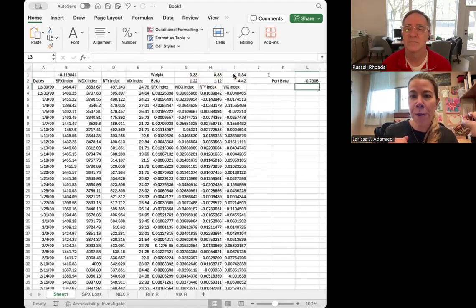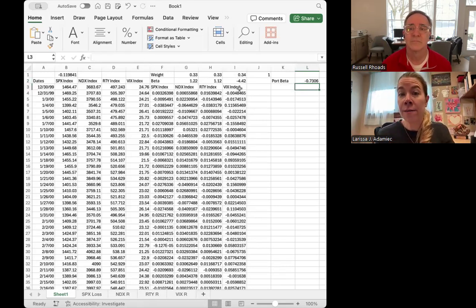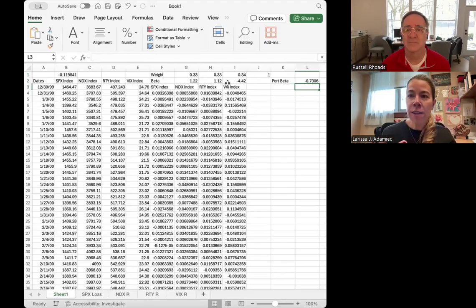So our portfolio beta is negative 0.73. That's because the VIX is so large. Looking at it equally weighted, as you pointed out, nobody can directly trade the VIX. And even if you could, most likely you're not going to have it as a third of your portfolio.